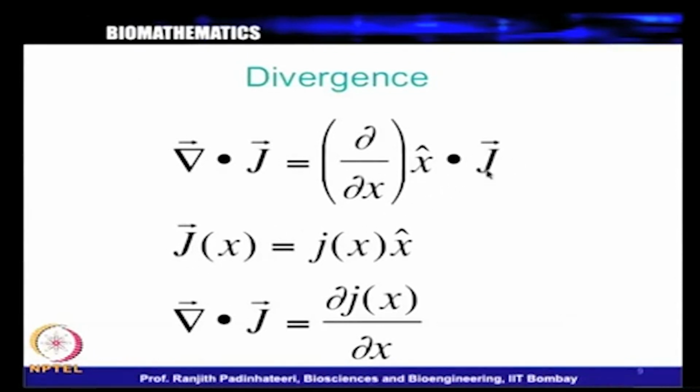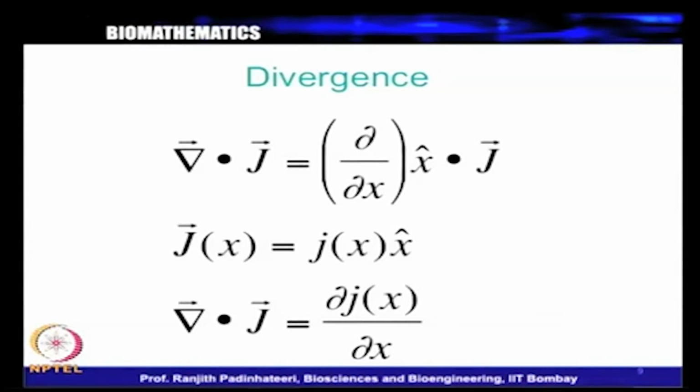And let us imagine that j is some function which is little j of x cap, where little j is some function. It could be x, x square, x cube, x power 4, minus x square, whatever be it. If this is j of x, del dot j can be written as del j by del x. So, this is how the flow varies along x axis, the change in flow, the change in current along x axis.